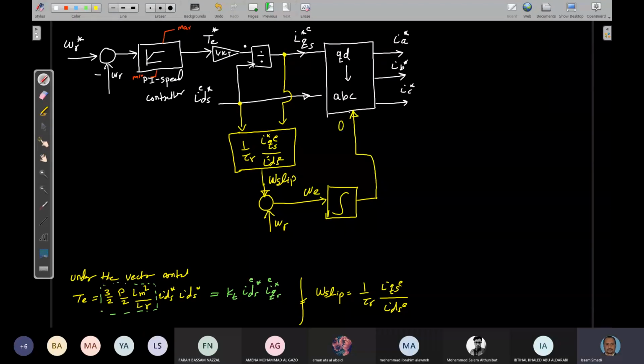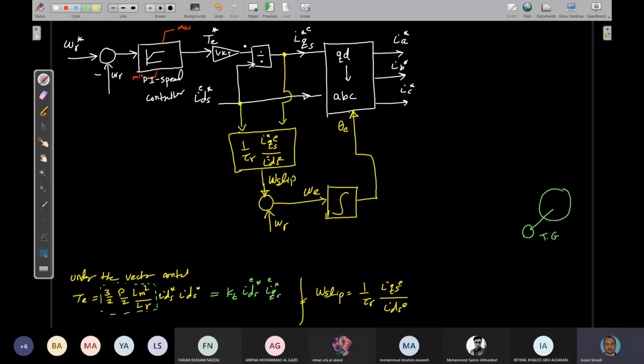So I will get here theta E. Now omega R, I will get it from the machine. Let's assume I'm having my machine, and I'm using a tacho generator to measure the speed.